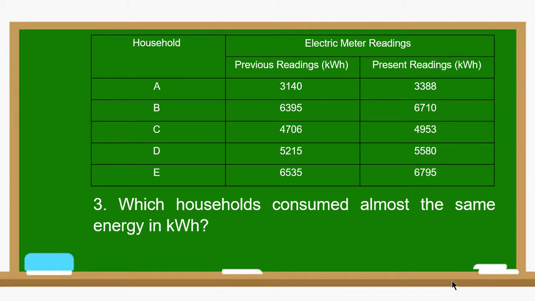Number 3. Which households consumed almost the same energy in kilowatt-hour? The correct answer is household A and household C.